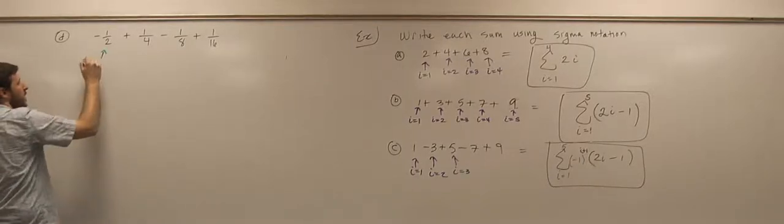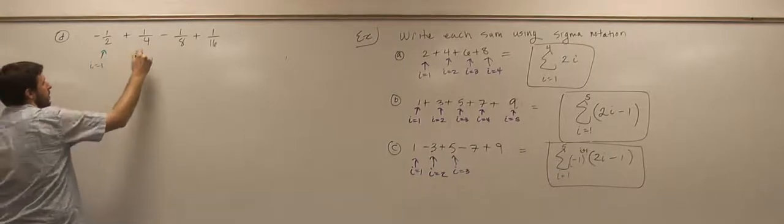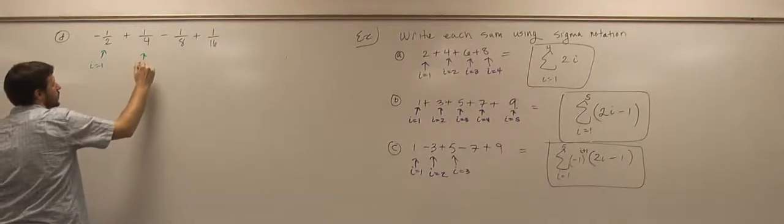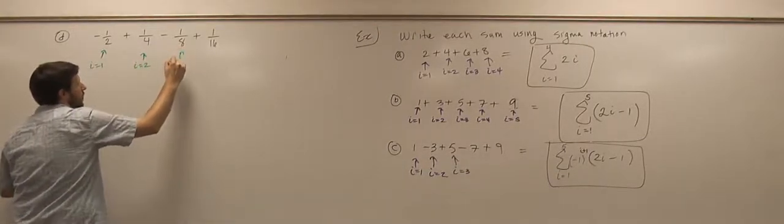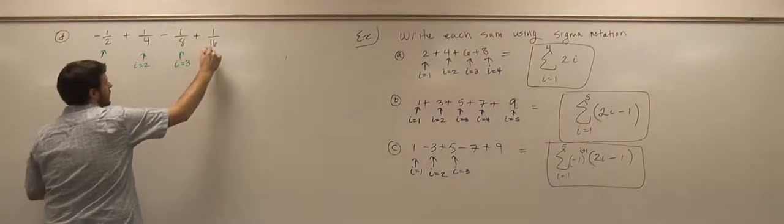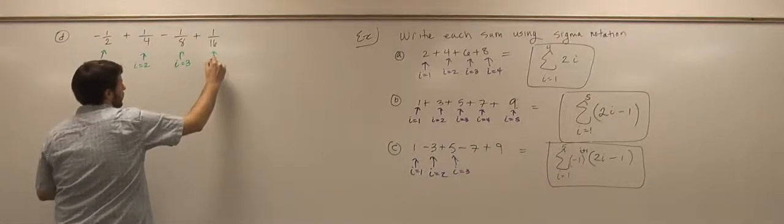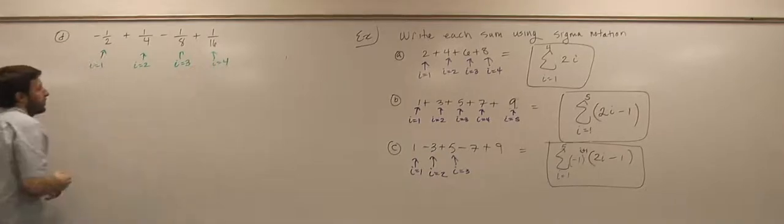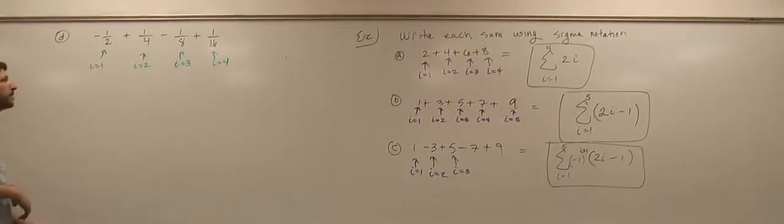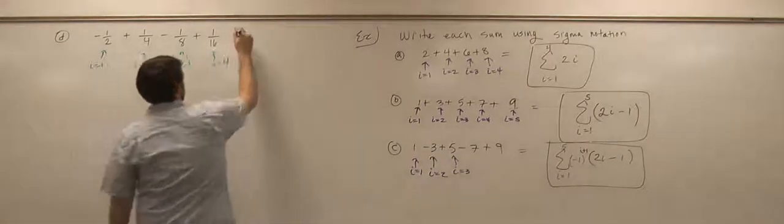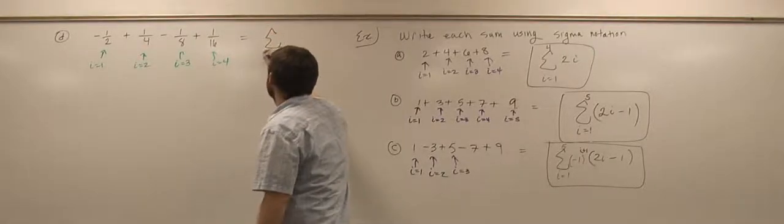This is going to be I equals 1, I equals 2, I equals 3, I equals 4. So I'll have a sum from 1 to 4 definitely.